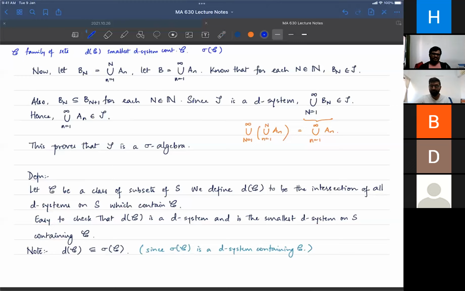Suppose I look at sigma of C. We have seen that every sigma algebra is a D system.